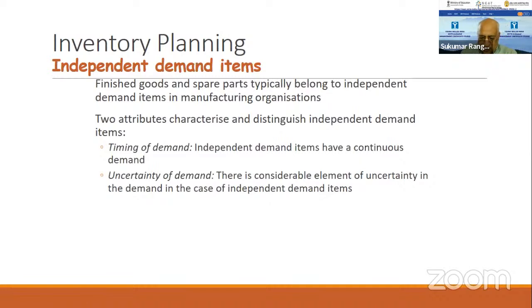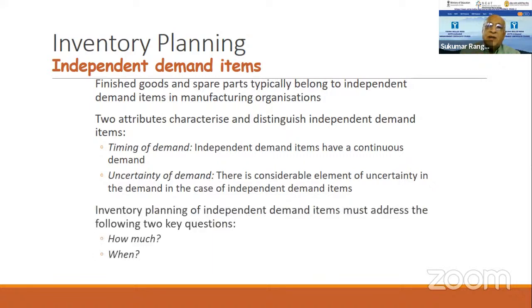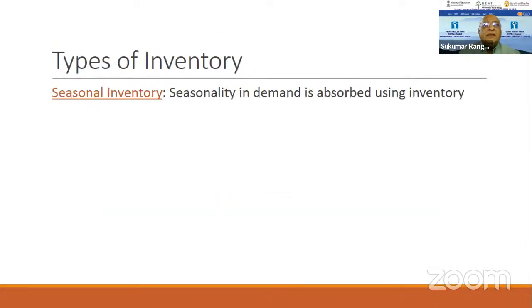Two attributes characterize and distinguish independent demand items: the timing of the demand, as these items have a continuous demand, and the uncertainty of demand. There's a considerable element of uncertainty in the demand in case of independent demand items. As I said, it could be seasonal, it could be many factors. So what needs to be addressed is how much and when, the same thing we saw earlier.